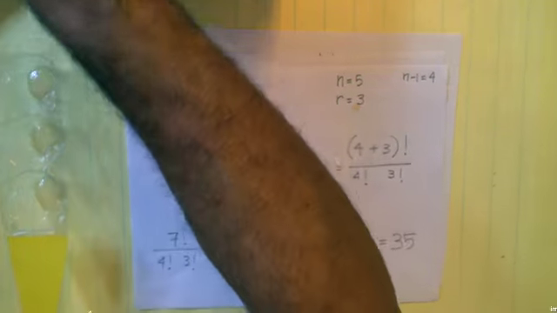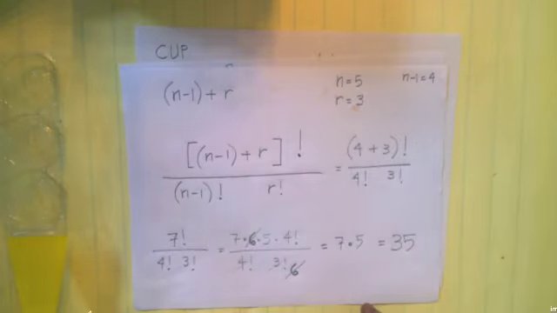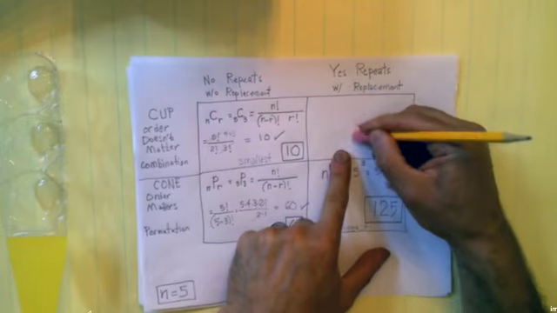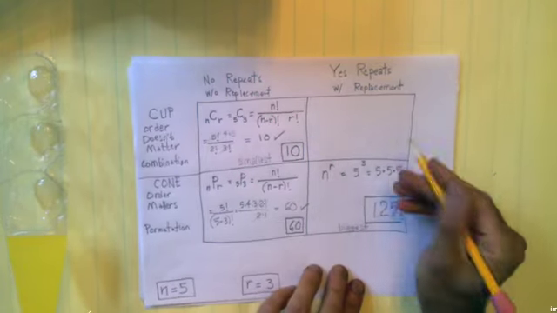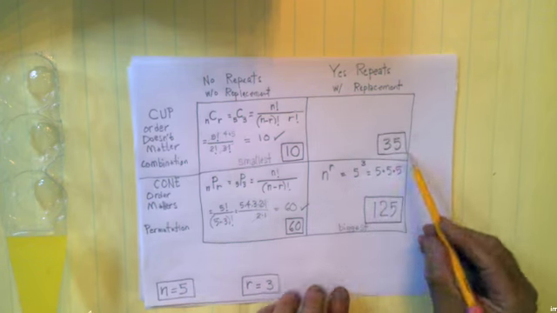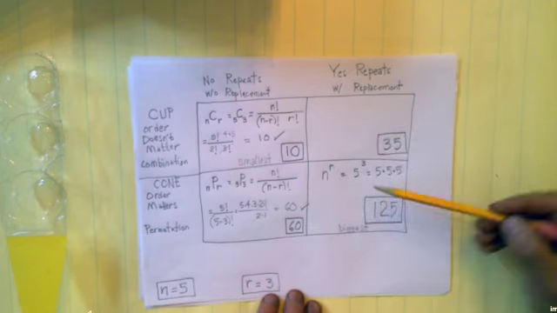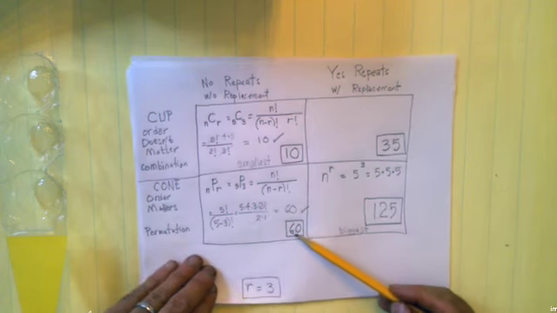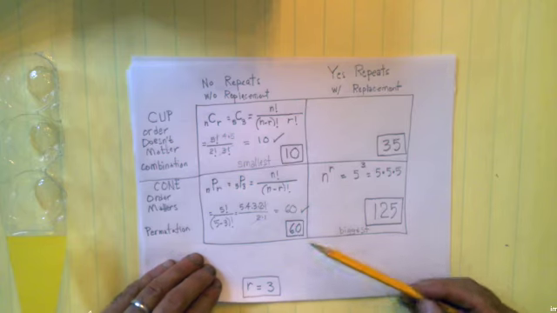So let's go back to our big summary. And we said that here, this came up with 35 different possibilities. Like we said, it's between 10 and 125. It actually turns out to be more restrictive, so fewer possibilities than 60.